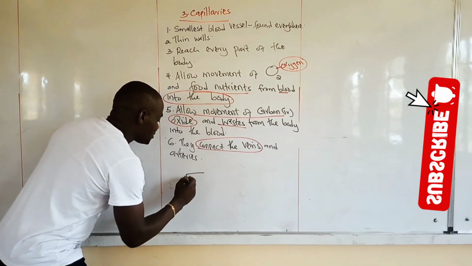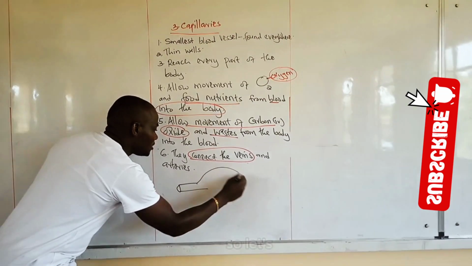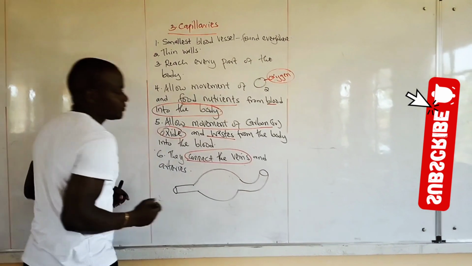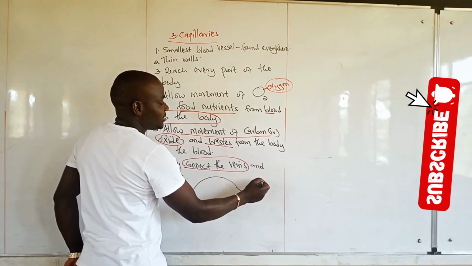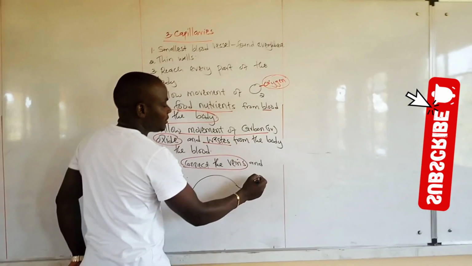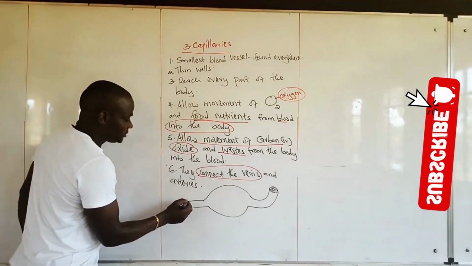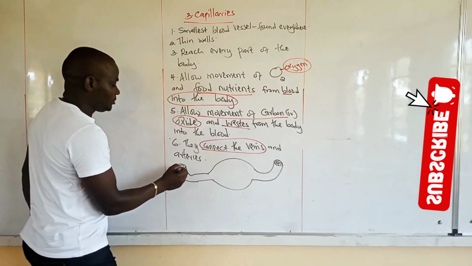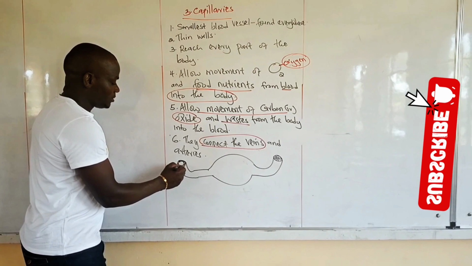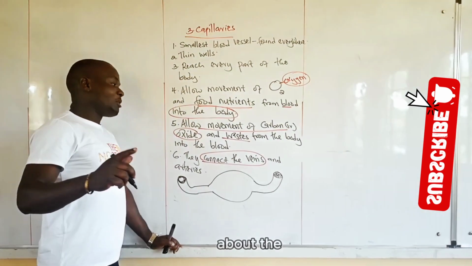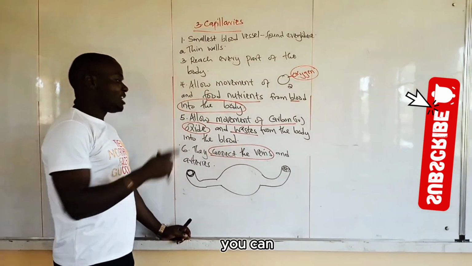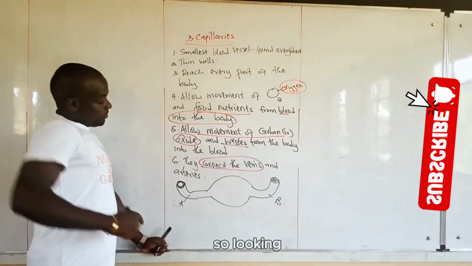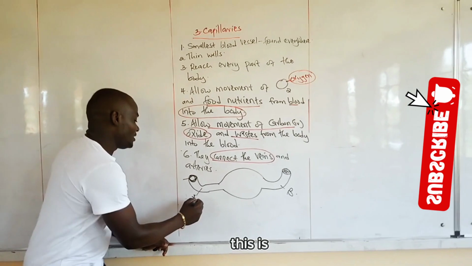So let's draw this here. And then maybe just a challenge, if I draw that, depending on the information about the narrow lumen and the wide lumen, you can identify blood vessel A and blood vessel B. Looking at this lumen, we can say this is a vein.